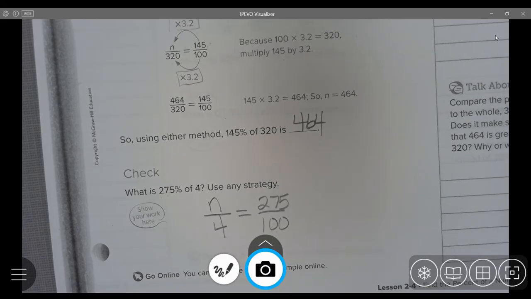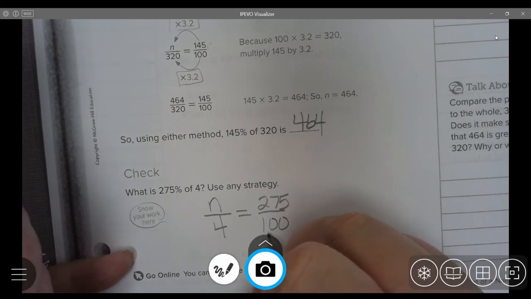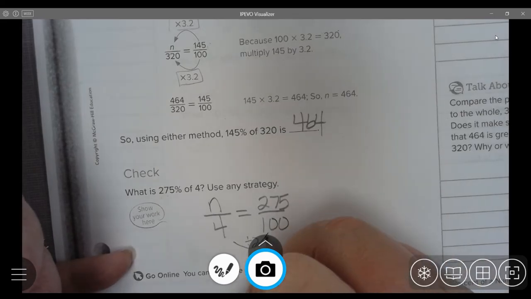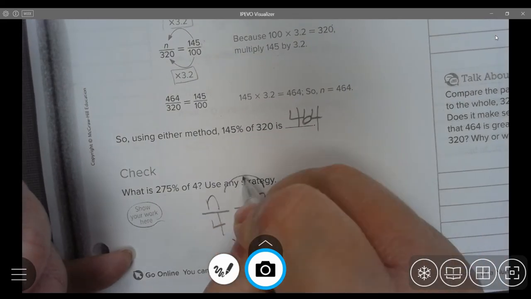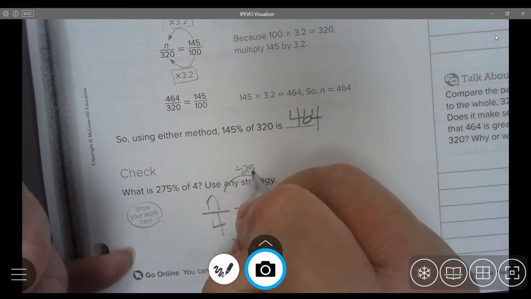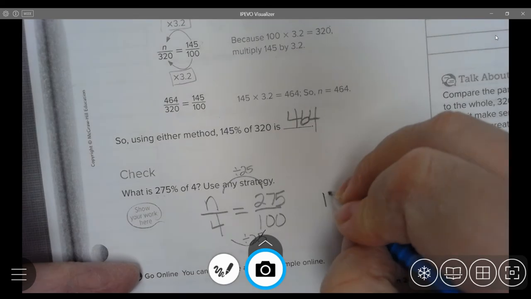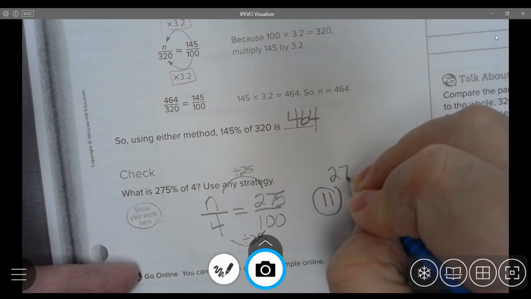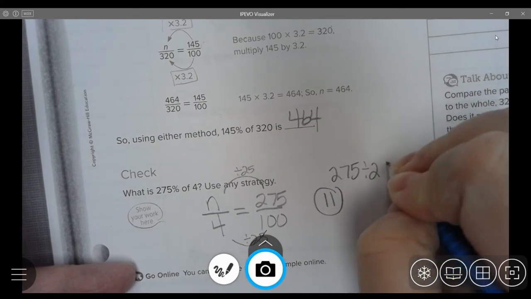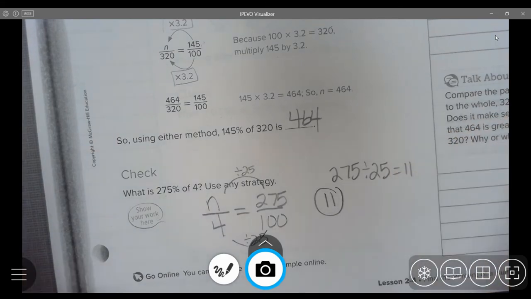So what we would need to do is divide 100 by 25. So we're dividing by 25. We need to do the same thing to the top. So I would take the 275 and divide it by 25, and I would come up with an answer of 11. 275 divided by 25 equals 11.